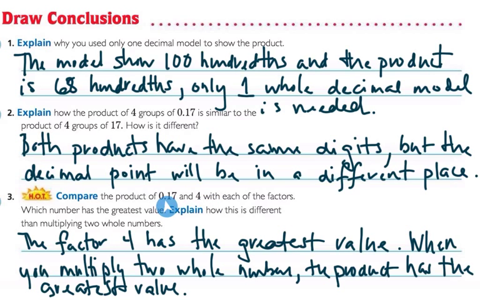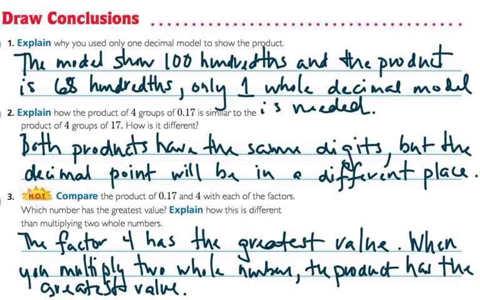Because it's a decimal and it's less than 1, it's going to decrease the amount in our product. So keep in mind, when you multiply 2 whole numbers together, the product has the greatest value. Whenever you have a whole number times a whole number, the product is going to have the greater value. However, because here we have a decimal and a whole number, the product is going to decrease and it is not going to be the largest number.